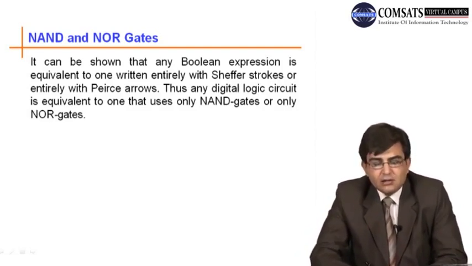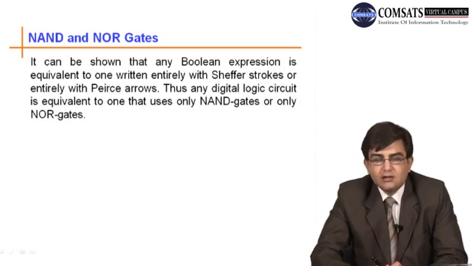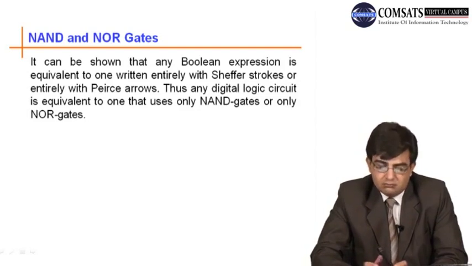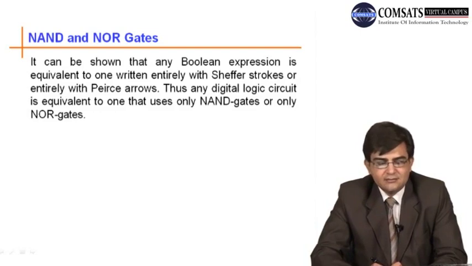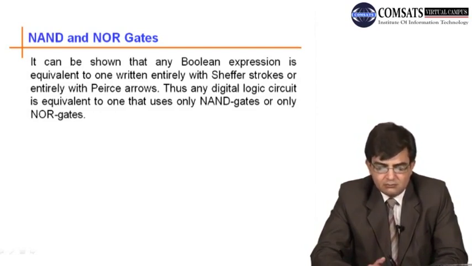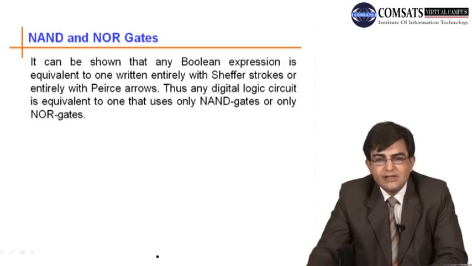That means any digital logic circuit, or any Boolean expression which corresponds to a digital logic circuit, is equivalent to one that uses only NAND gates or only NOR gates. So we consider some examples of how to express Boolean expressions by using Sheffer strokes or Pierce arrows.